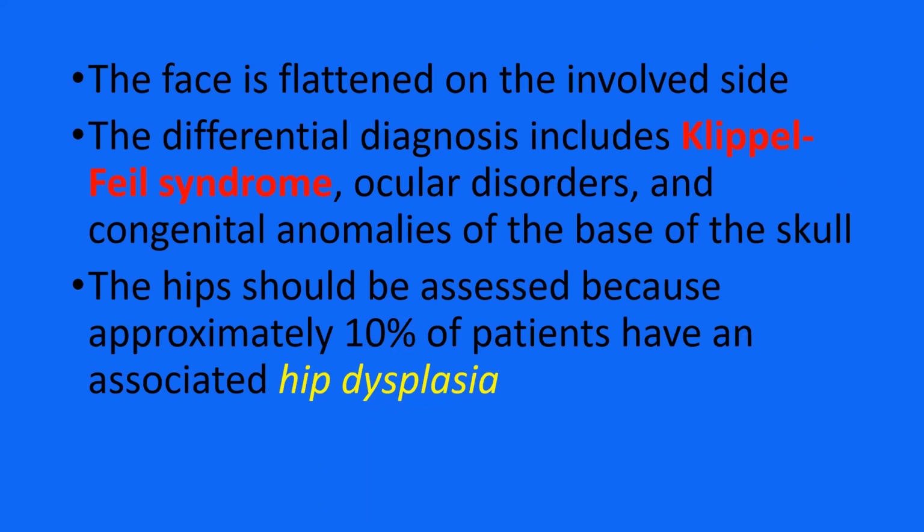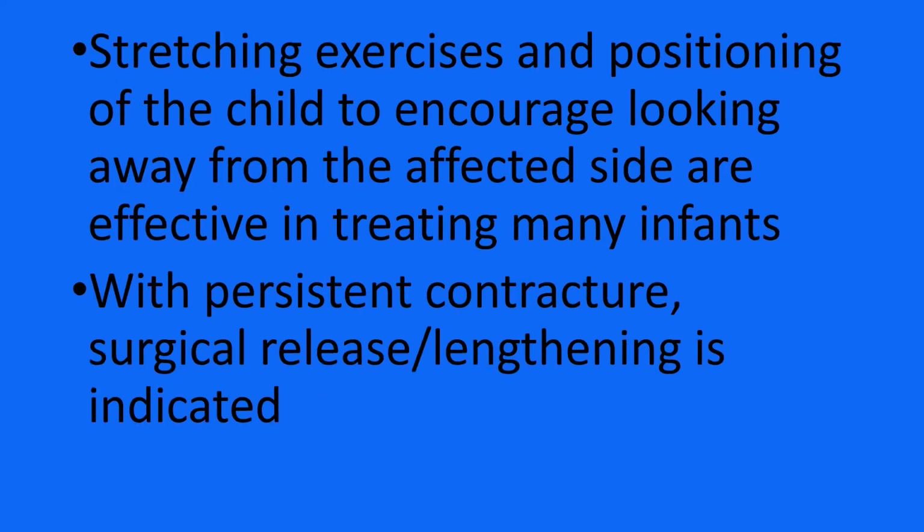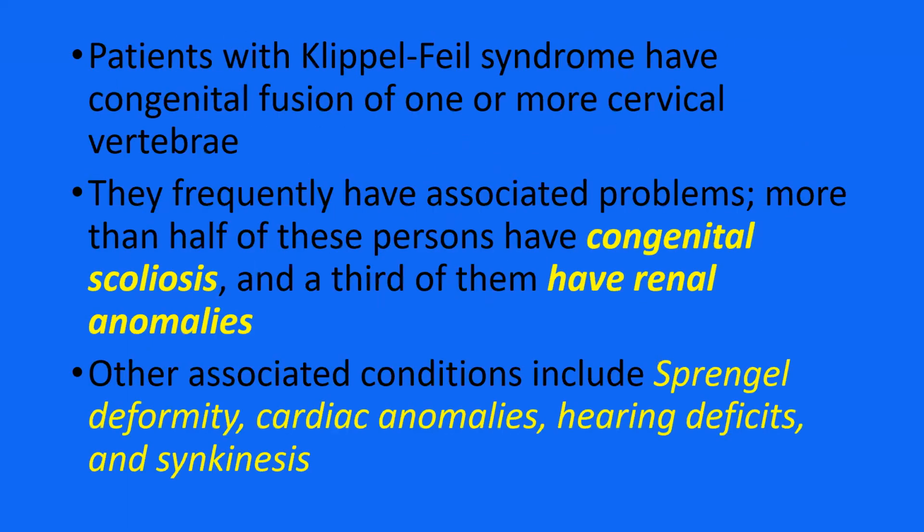With torticollis, you have to rule out hip dysplasia, because in 10% of the lesions, they have hip dysplasia. Now, you have to differentiate it from Klippel-Feil syndrome. Klippel-Feil syndrome is a condition where they have short necks, low hairline, and fusion of the vertebrae.